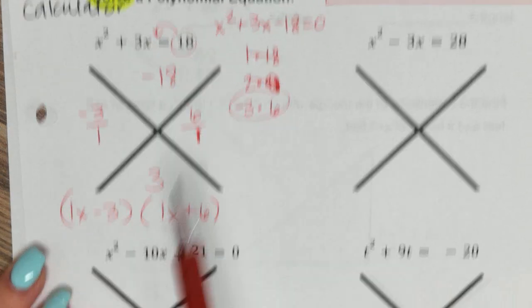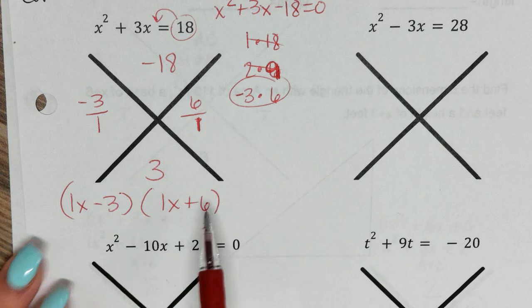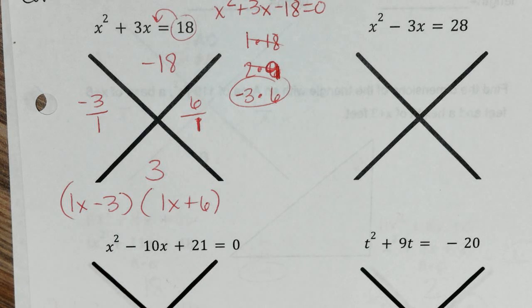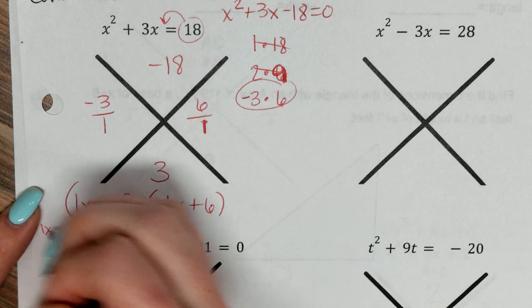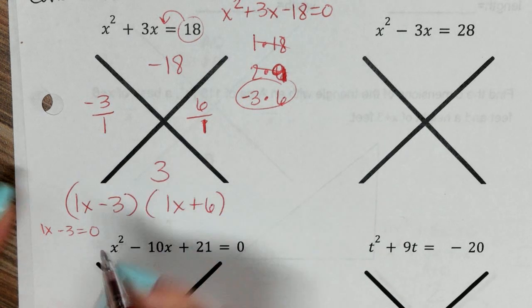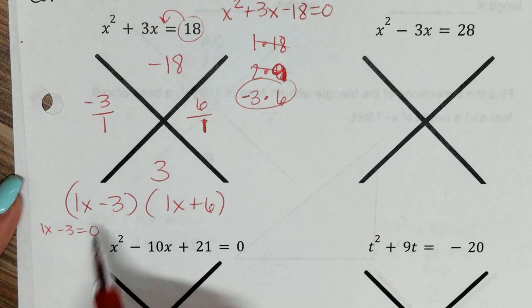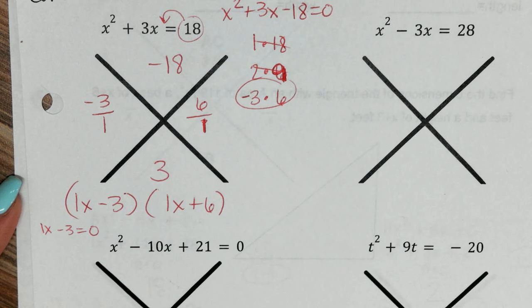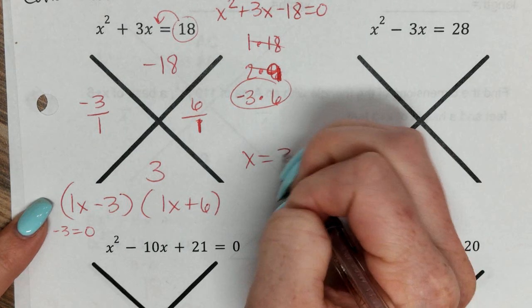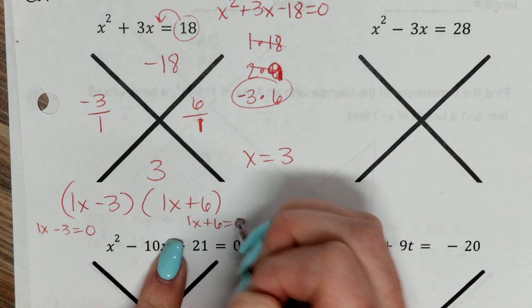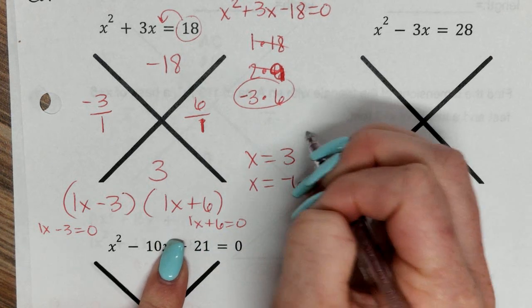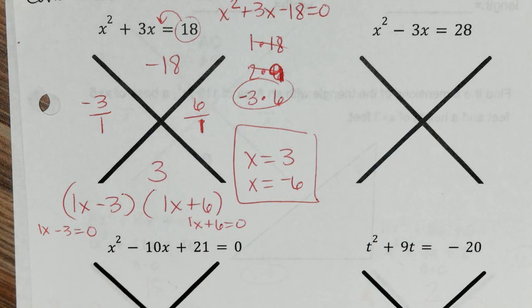So to solve it, I have to set each of these parentheses equal to 0. So if I have 1x minus 3 equals 0, what would the answer be if I move that negative 3 over? Positive 3. So x equals positive 3. What would this one be if I set it equal to 0? Negative 6. And that is how you use factoring to solve a quadratic.